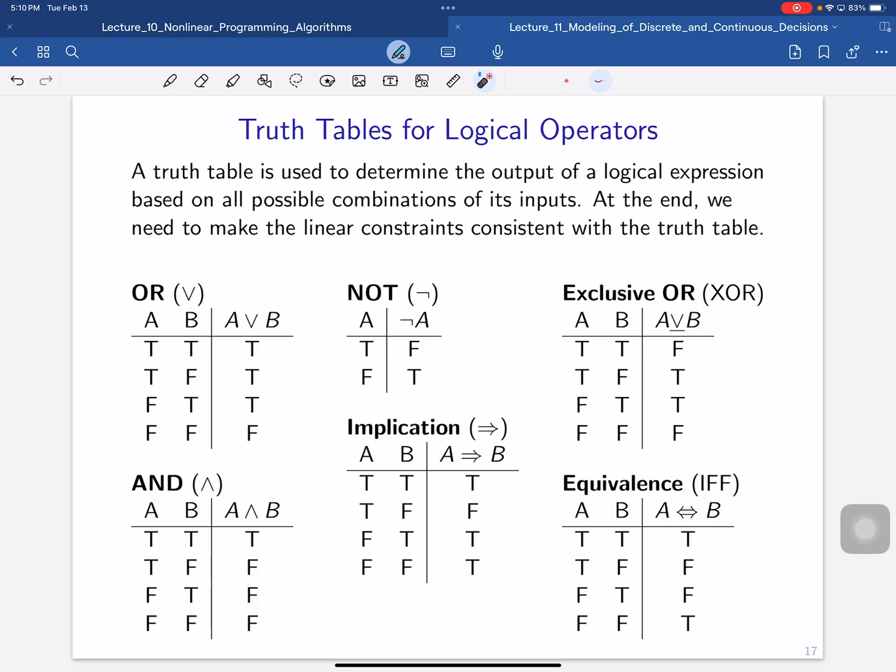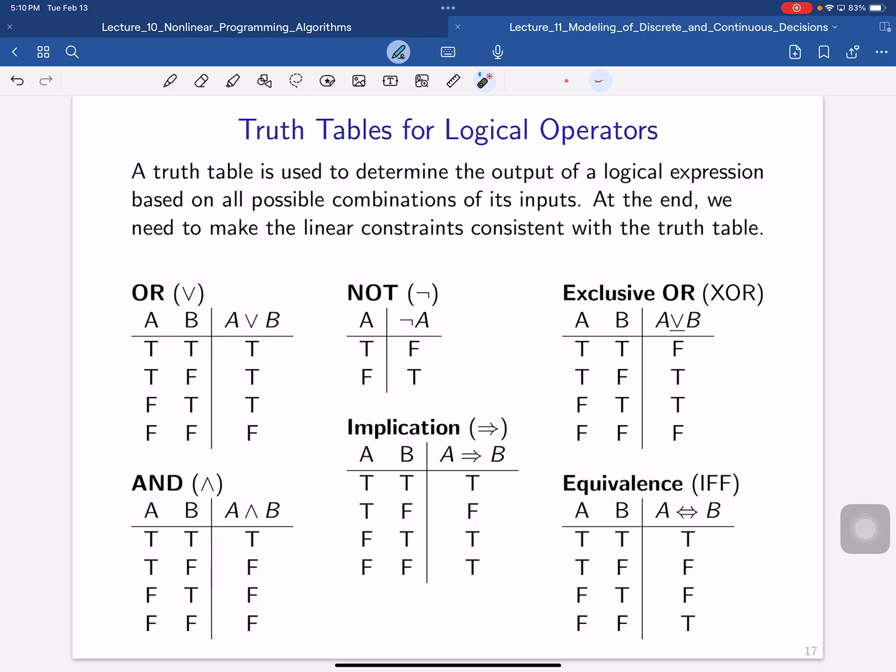A or B is only false when you have both A and B being false. Similarly, the NOT operator is very straightforward, right? When A is true, then NOT A is false. When A is false, NOT A is true.